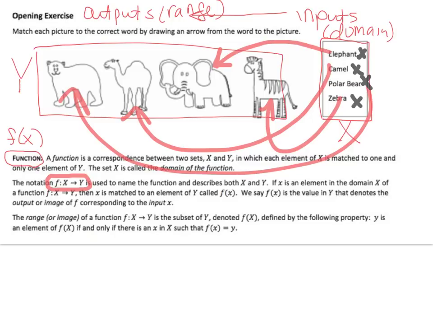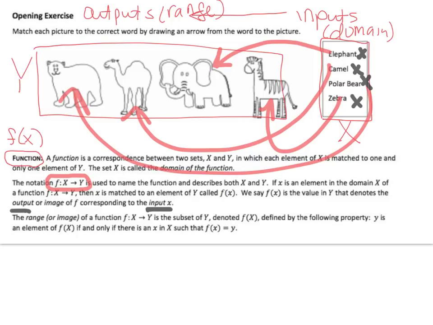So if little x is an element in the domain big X of a function f such that X goes to Y, then x is matched to an element of big Y called f of x. We say f of x is the value in Y that denotes the output or image of f corresponding to the input x. So y is your output, your range, x is your input.